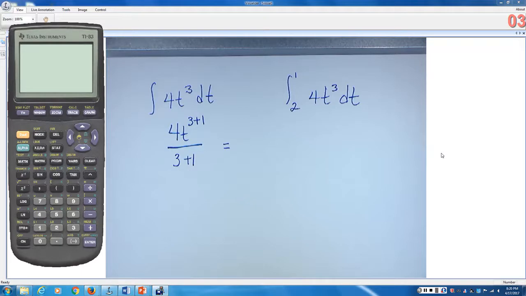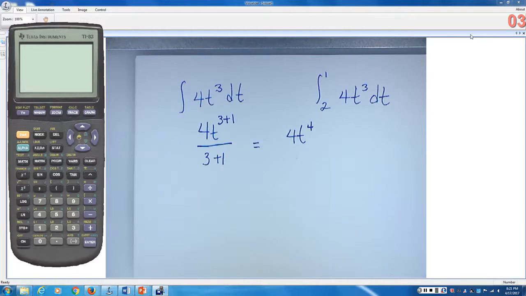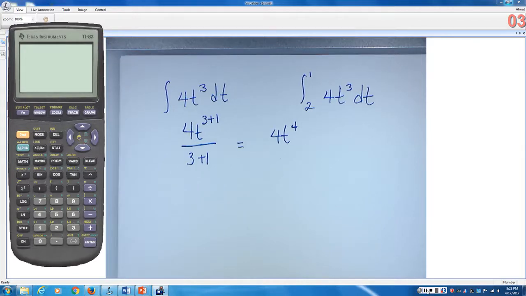Let me try something. Maybe I'll have to restart it. Oh, there it is. I may have to restart it to get it to behave itself, though, because it's not picking up. Let me pause the recording.